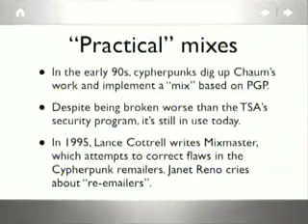In 1995, a cypherpunk known as Lance, and his name is Lance Cottrell, he's now the president of Anonymizer, which some of you may have heard of, a single-hop passive SSL encrypted proxy, wrote Mixmaster, which tried to address a lot of the problems in cypherpunk remailers and tried to adhere more strictly to Chaum's initial proposal.